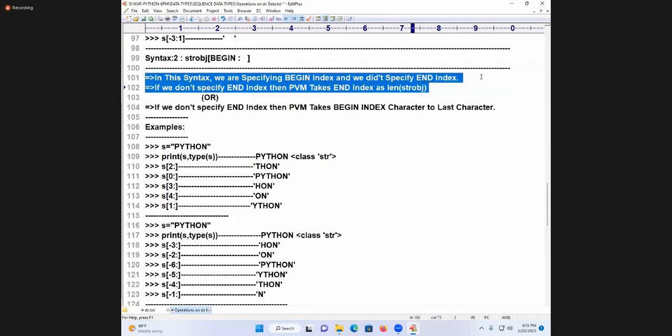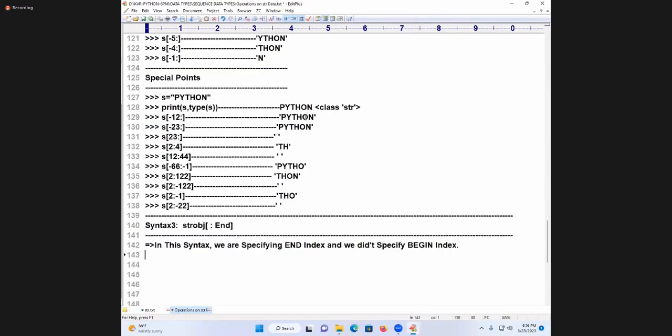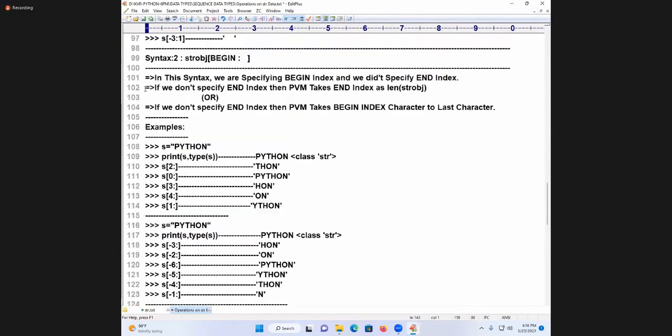we are specifying, look at this now. In this syntax, we are specifying which index? End index, but we did not specify which index? Yes, begin index. What happens when we don't specify the begin index?